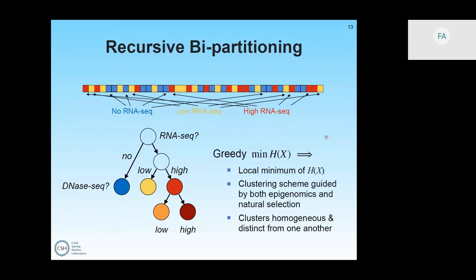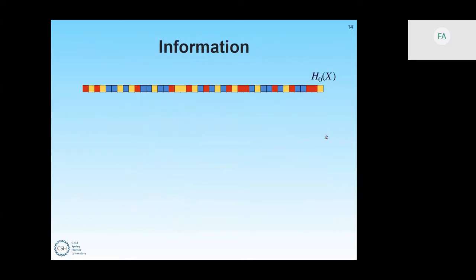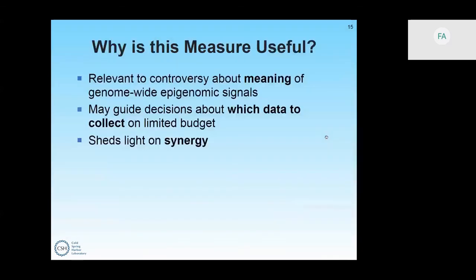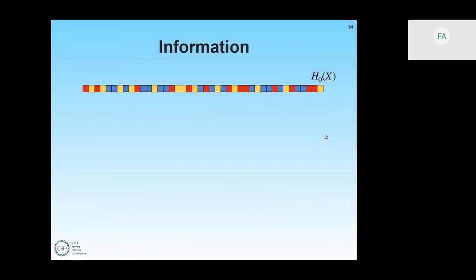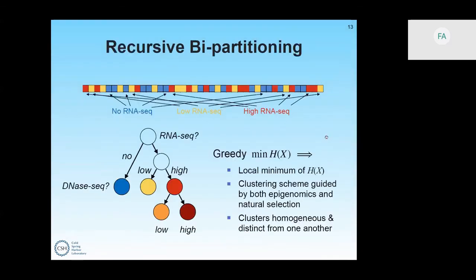We'll find a locally optimal solution to this optimization problem. And as I mentioned, the clustering scheme will be guided by both the epigenomic data and natural selection. And as I mentioned earlier, the clusters will tend to be homogeneous and distinct from one another. Okay.